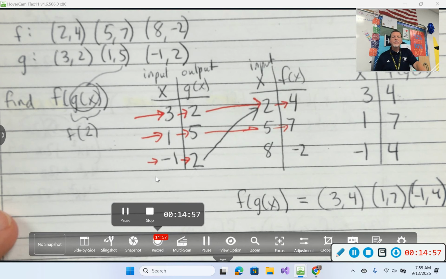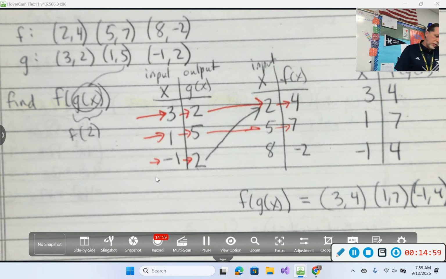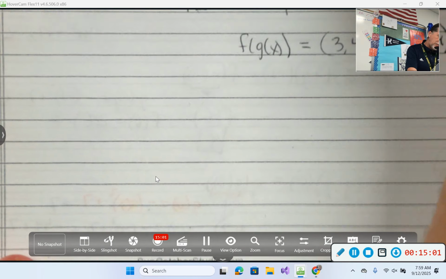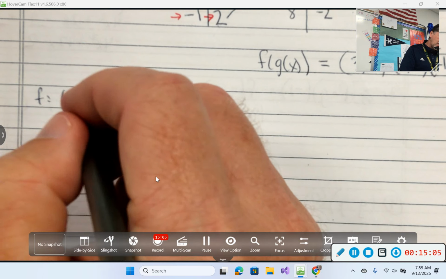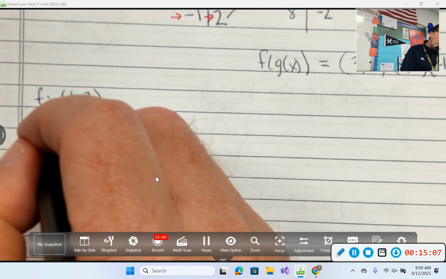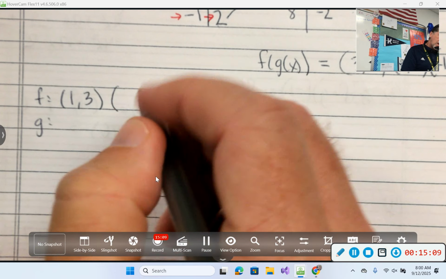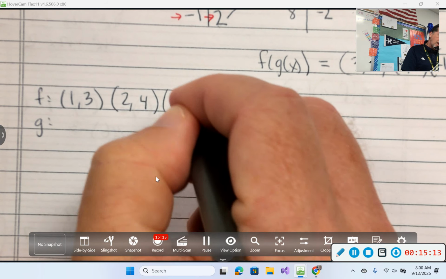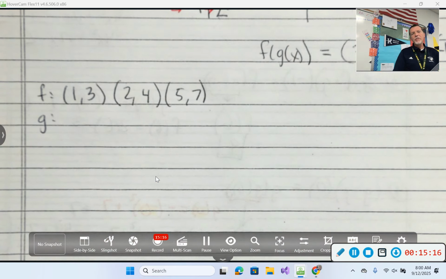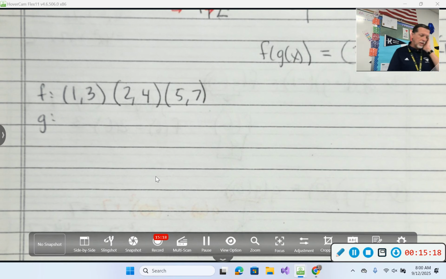Okay, so I want to do another one of those, which means I'm going to have to make it up on the fly here. Let's see if I can do this. So let's say f is 1, 3, and 2, 4, and 5, 7. I'm trying to use all different numbers so we can see where they come from.